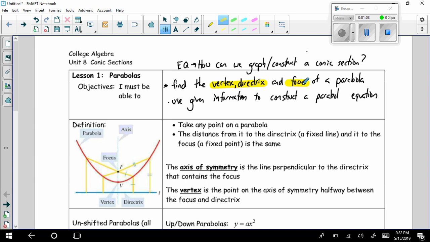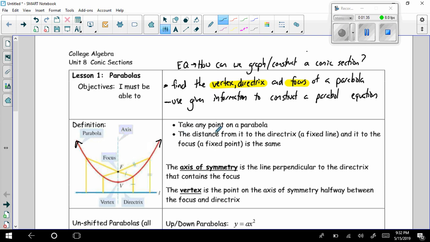So before, when we talked about parabolas, we didn't talk about those. So we're going to introduce those terms, and then use that information to be able to construct it. So we're not just going to look at your basic parabola that's open up this way and open down. We'll also look at sideways ones where we have y squared and how to determine all of that.